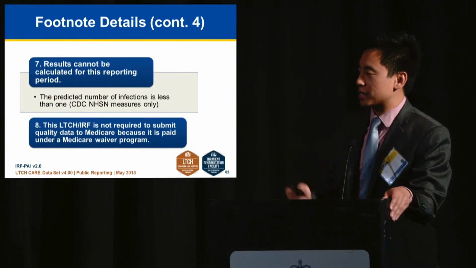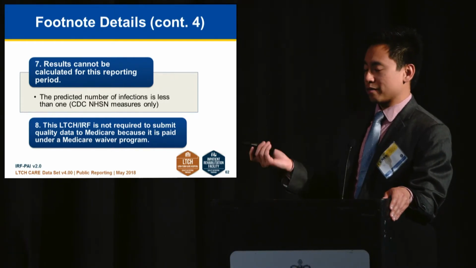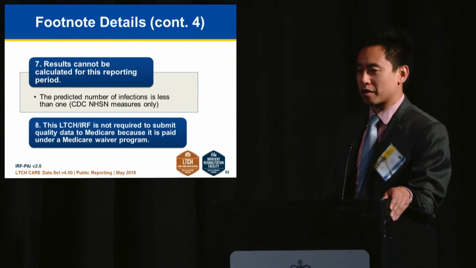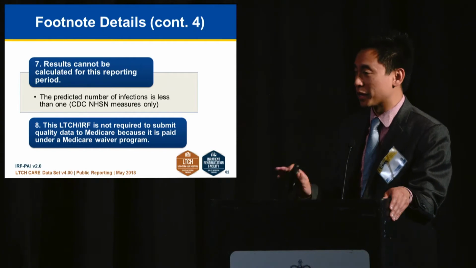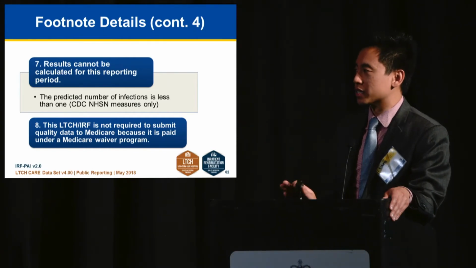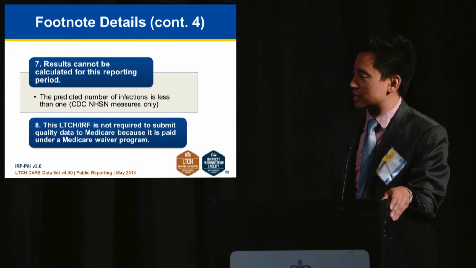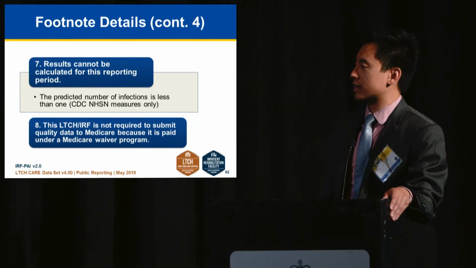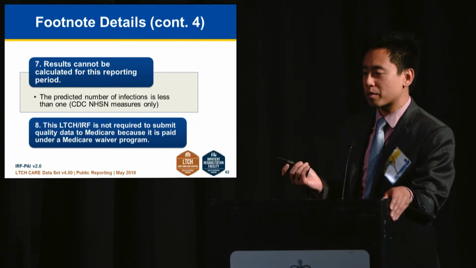And similar to number 6, number 7 is CDC only, but if, according to the model, the predicted number of infections is less than 1, so pretty much if your observed number of infections is really low, then usually those results can't be calculated. And then 8 is, I think, pretty specific to the state of Maryland, but it's that the LTAC or IRF is not required to submit quality data to Medicare because it is paid under a Medicare waiver program.